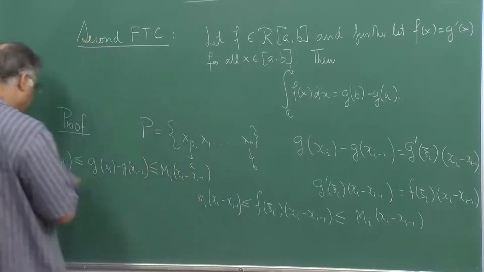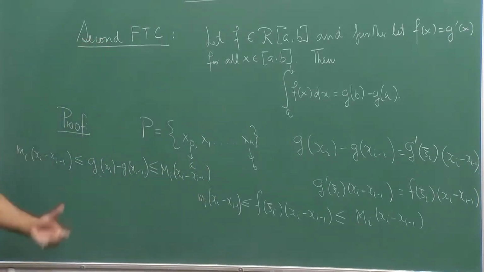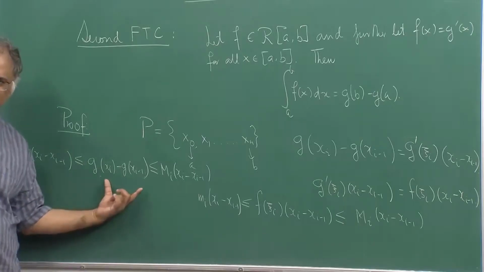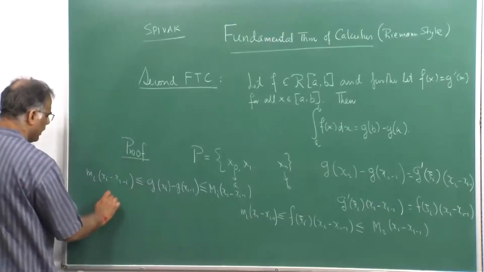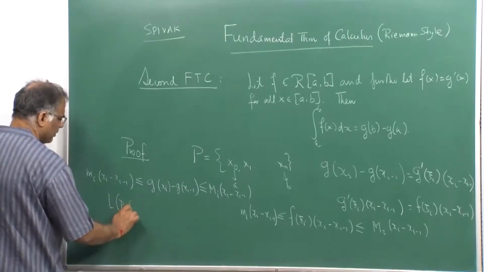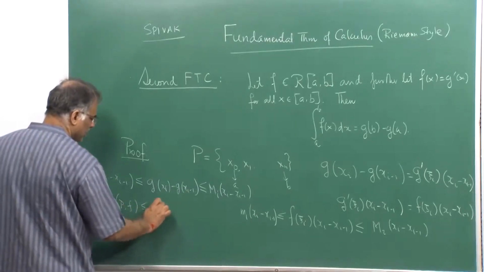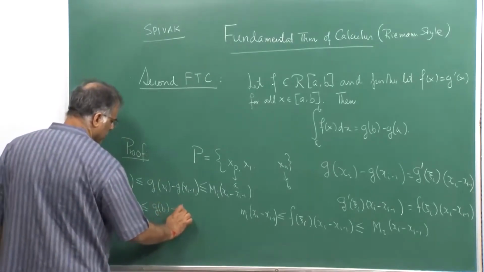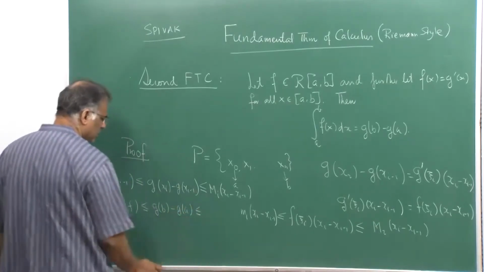So, if you sum them up from 1 to n, this will be a telescopic sum, it will give you G(B) minus G(A). So, you will get L(P,f) is less than or equal to G(B) minus G(A), which is less than or equal to U(P,f).